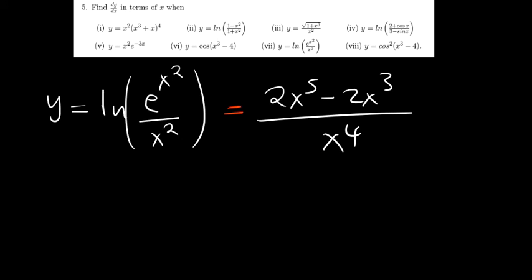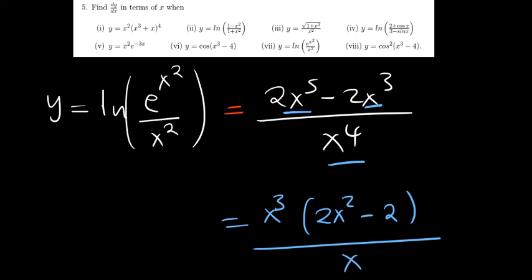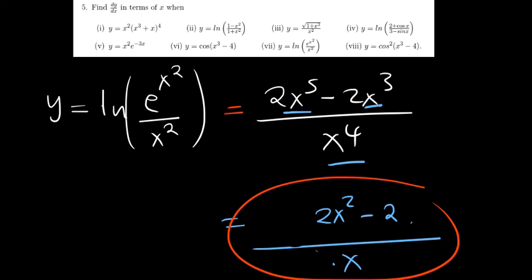Since you've got x to the power 5, 3 and 4, the minimum power is 3, so you can pull out x to the power 3 on top, remain with 2x squared minus 2 over x to the power 4, which can be split. So this and that will go. So you end up with 2x squared over x as a simplified solution.